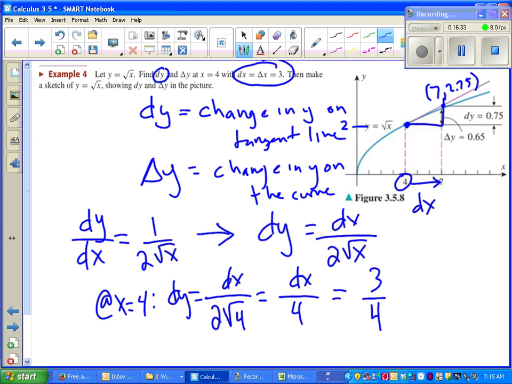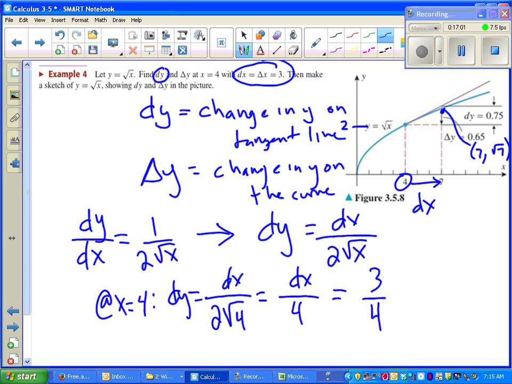Looking at that picture again, I'm going to erase what I just wrote. If we're actually trying to find delta y, which is the change in y values on the actual curve, we can see on the picture that it should be less than 0.75. It tells us in the picture that it's 0.65. Let's figure out how we know that. We know that this point on the curve would be 7 comma square root of 7.